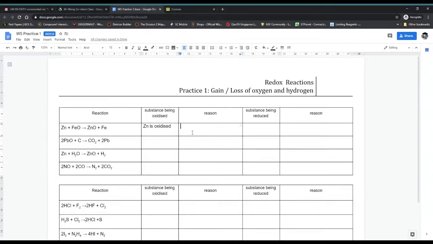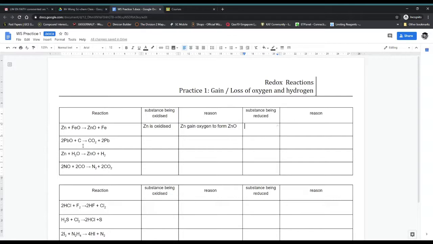So zinc is oxidized, and we'll say zinc gains oxygen to form zinc oxide. And there you go, we're done. Reason supplied.